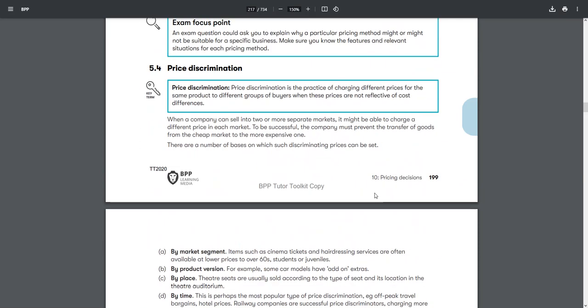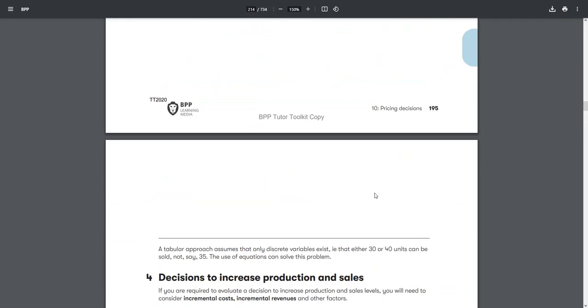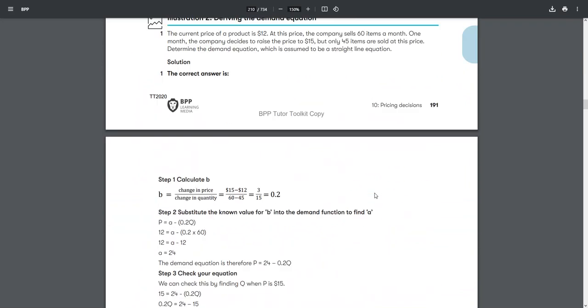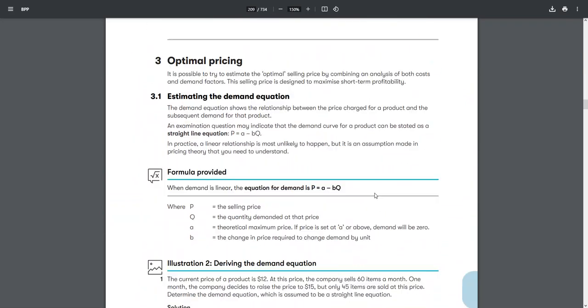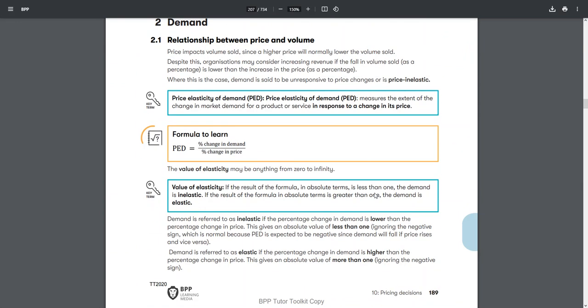Now let's look at the numerical parts. Okay, first thing we are looking at is the relationship of price. Basically, in calculation, we are looking at the relationship of price and demand.